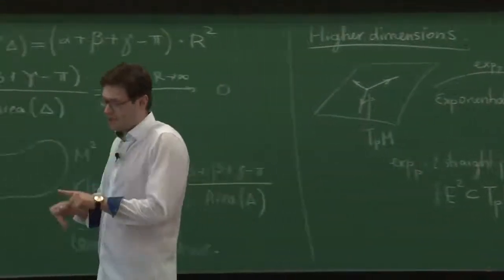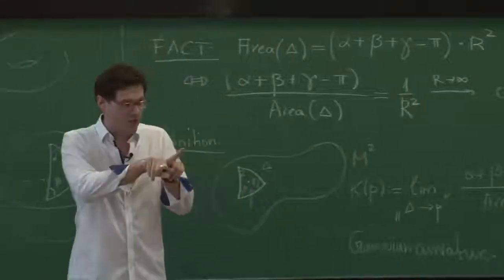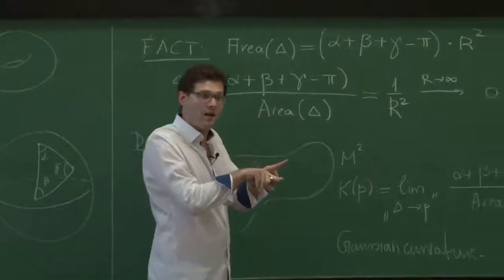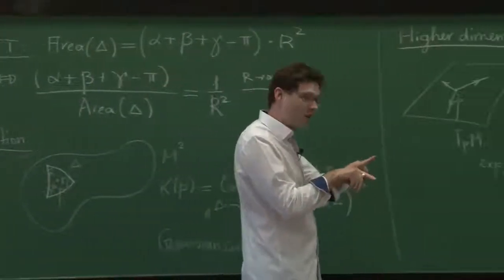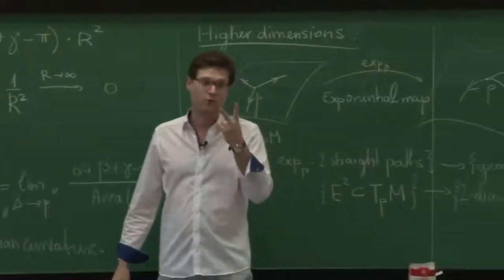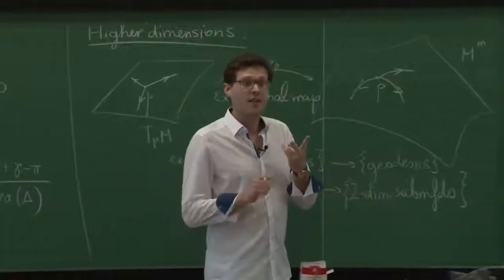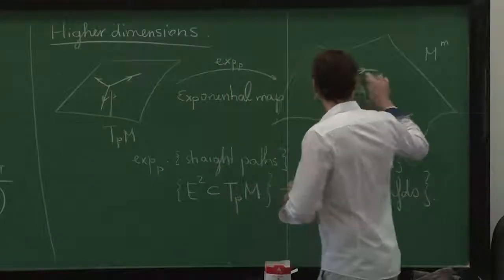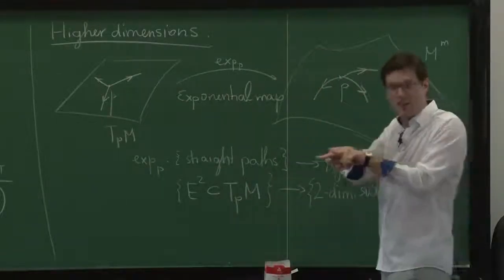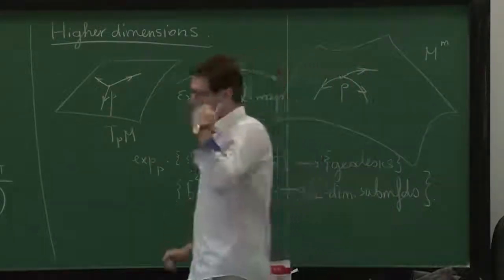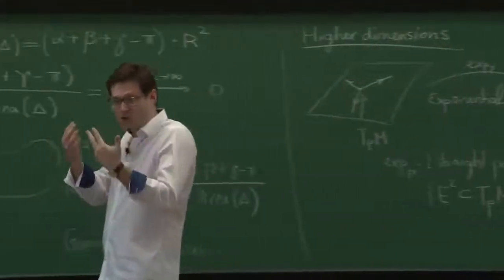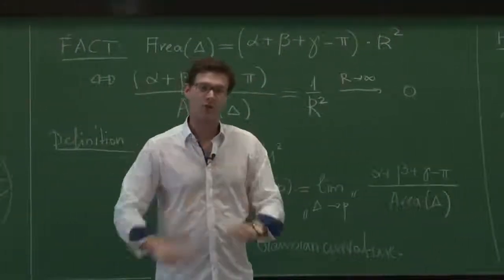You take a two-dimensional subspace, it's generated by a basis of two tangent vectors. Each tangent vector defines an infinitesimal direction, and this way you can certainly, at least visually, understand that you will get a two-dimensional submanifold.